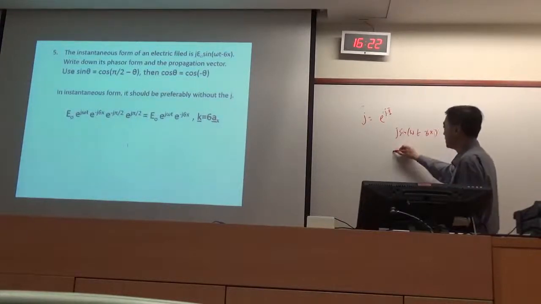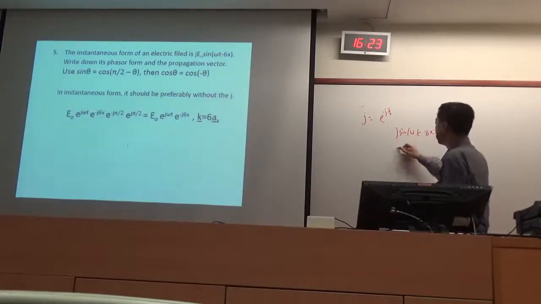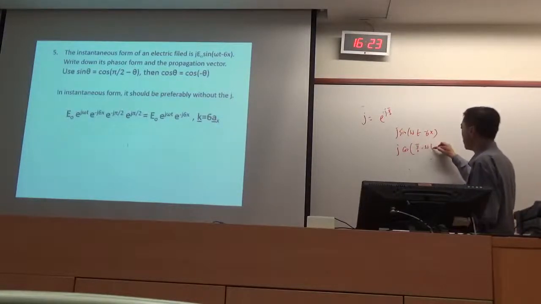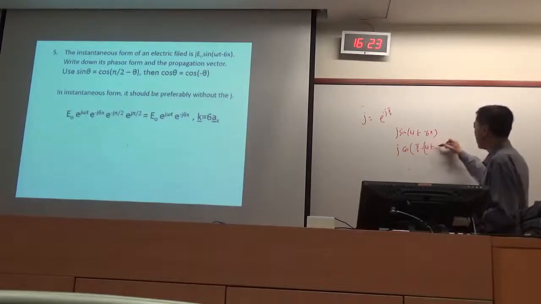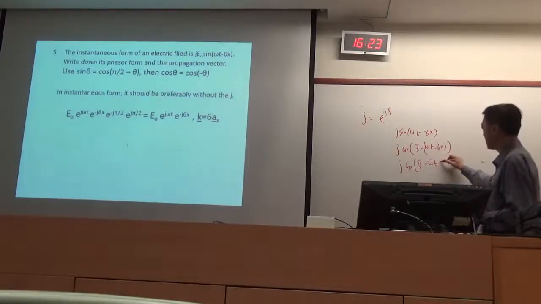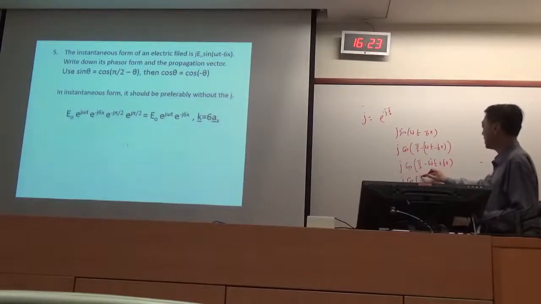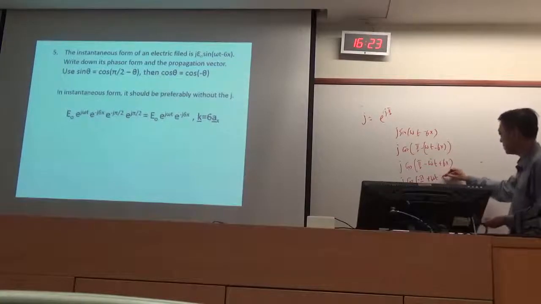Don't convert first. It is j cosine(pi by 2 minus omega t plus 6x), which is j cosine(pi minus pi by 2 plus omega t minus 6x).